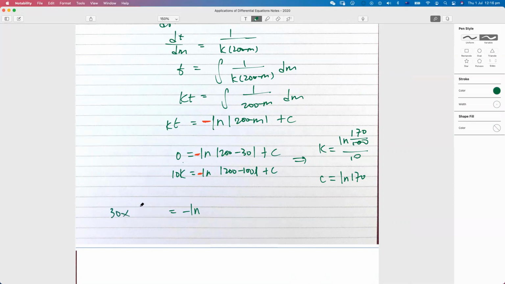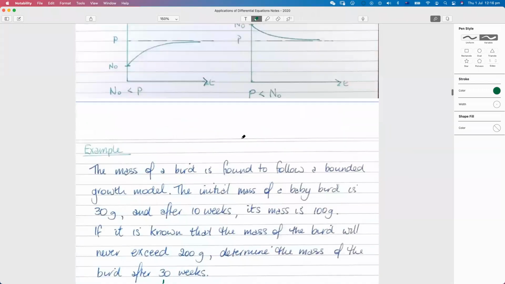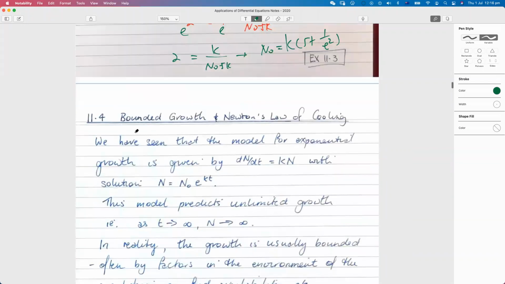So 30 times ln(170/100)/10 is equal to negative ln(200 minus M) plus c, plus ln 170. And you're going to get M approximately equal to 165 grams. Feel free to use a calculator in the middle of the steps. And that's the end of the first part of 11.4, bounded growth.